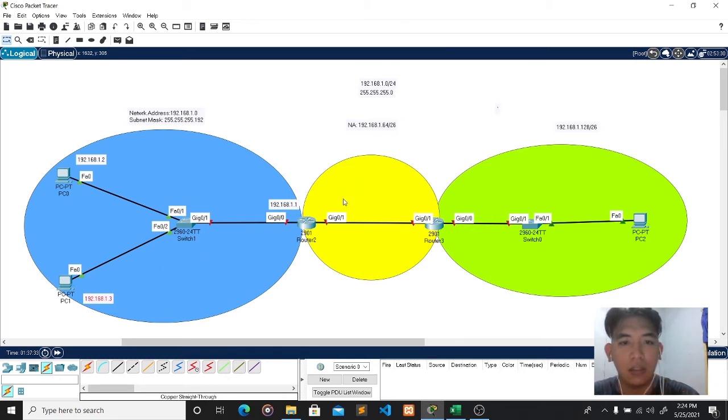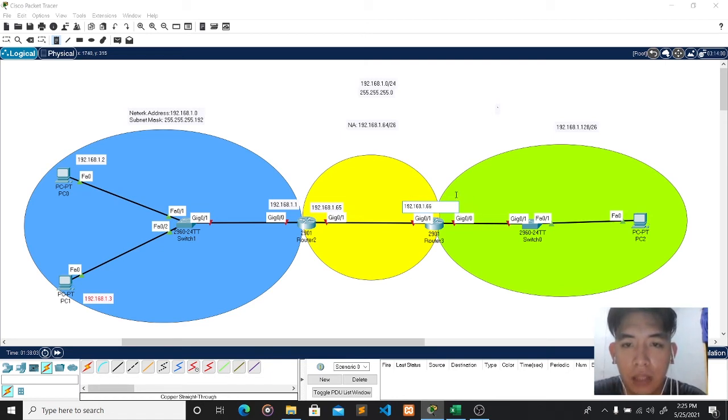Then next is dito na network sa gig 0/1 sa router 2. So ang network address is 192.168.1.64. So dito tayo magpa-follow 64, then the next number 65 para simple na lang, hindi na ma-complicate. So 192.168.1.65. Tapos dito naman sa router 3, 192.168.1.66.